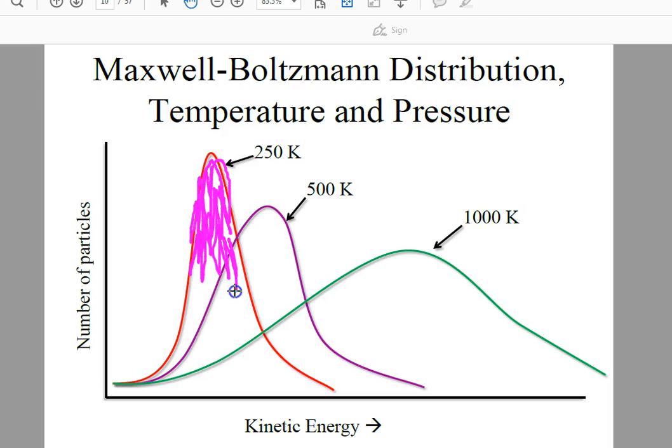So all these particles are at 250 Kelvin. Following that? The area under this curve, all of those are at 250 degrees. Under the next curve, all of those particles are at 500, they say. All of these.